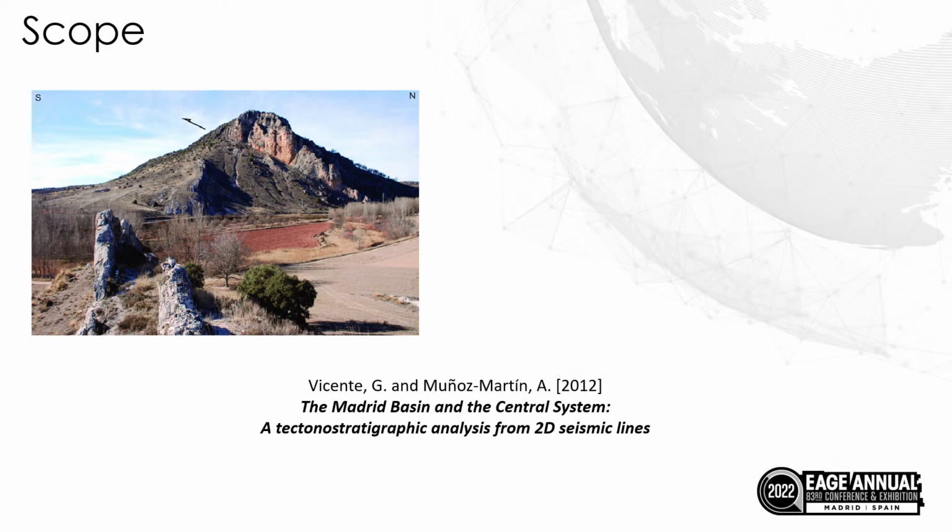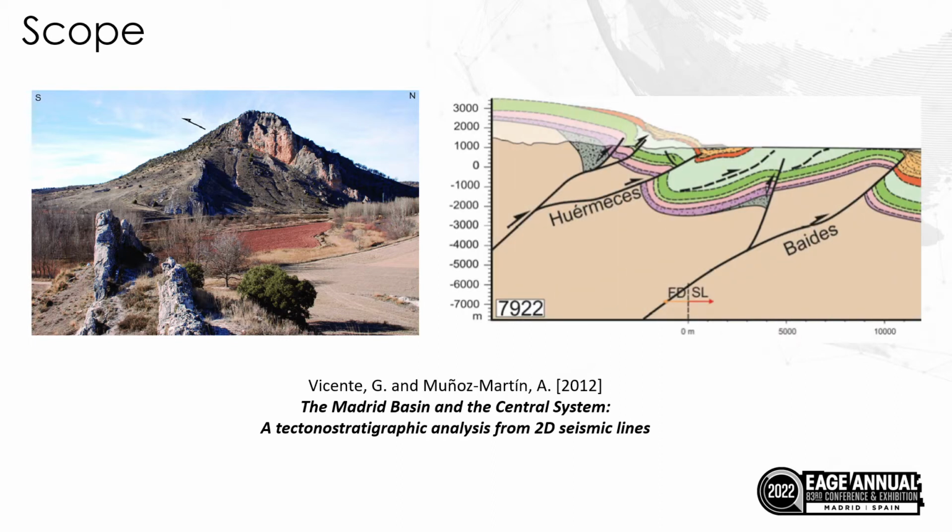So, in order to show what I mean by the usefulness of the virtual outcrops, I want to show this example of a field guide edited by the professors Vicente and Muñoz Martín regarding this stop in the province of Guadalajara, in the northeast of Madrid.